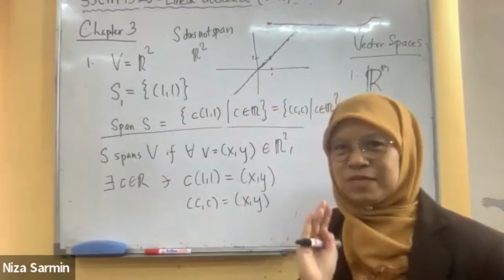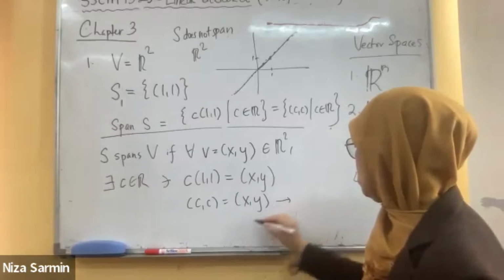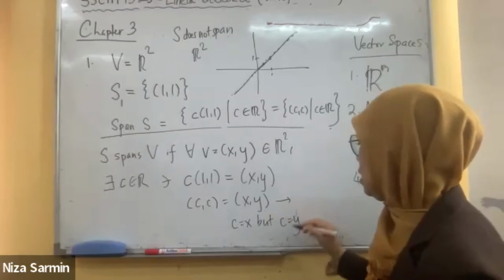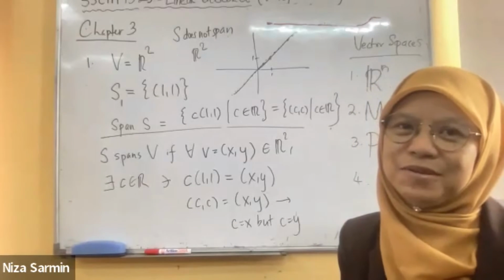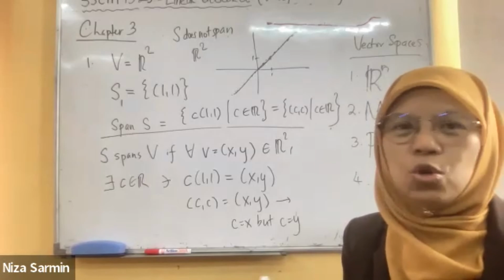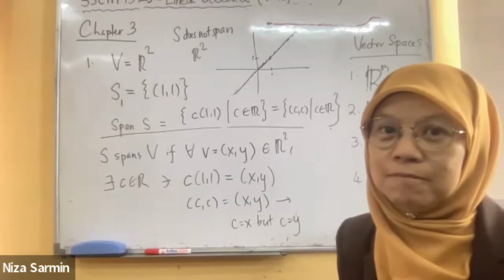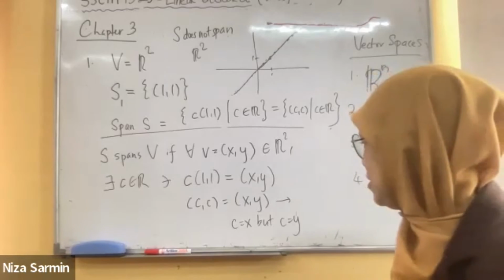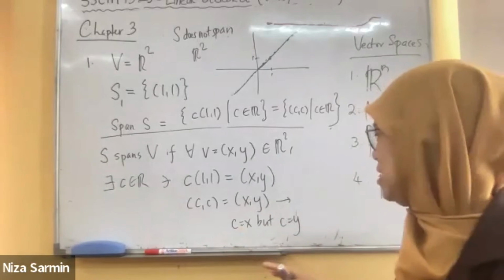You want to see if C exists, but from here, C is X, but C is Y. How can C take two different values, right? So there is no solution in general for this particular case. That is quite hard to see because there is only one equation.